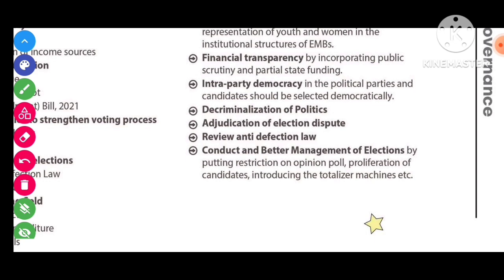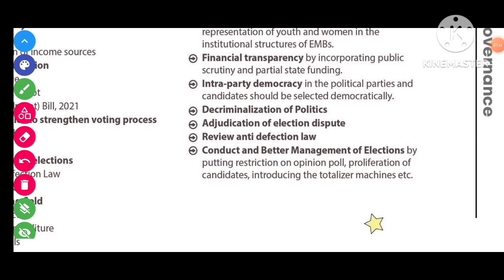selection of candidates in democratic countries, like in India. There are two types of electoral system, that is first past the post system and representative democracy, or representation with single transferable votes.